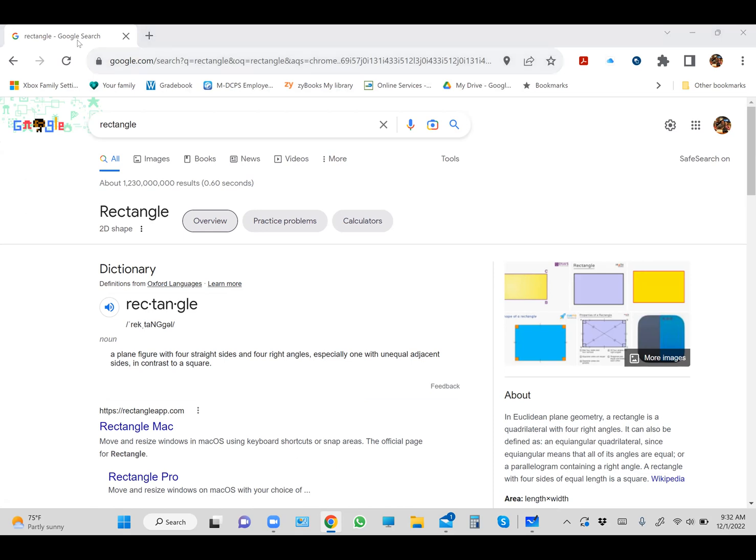All right, so in this case, the dictionary is making a distinction between this rectangle and the square. Especially one with unequal adjacent sides, but especially is not always. A square is a type of rectangle, okay? All sides equal. That's it.